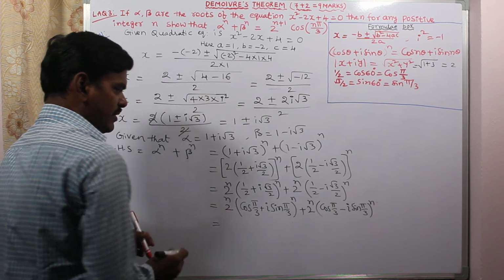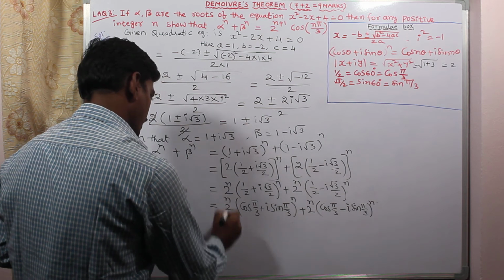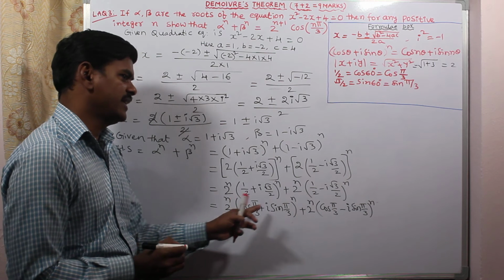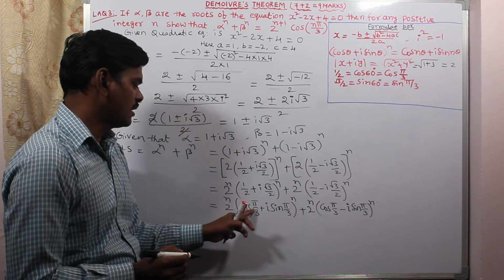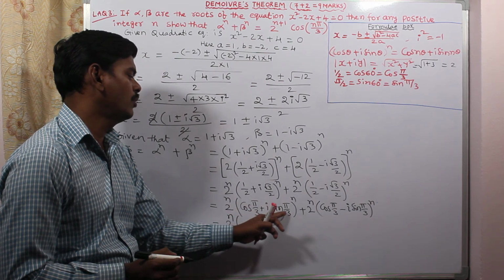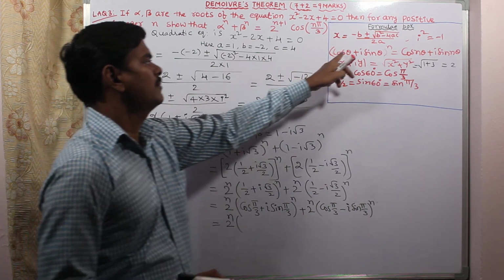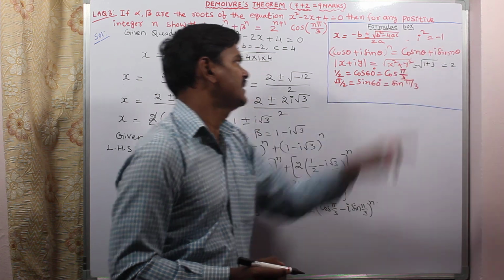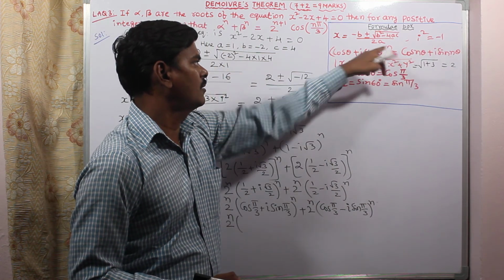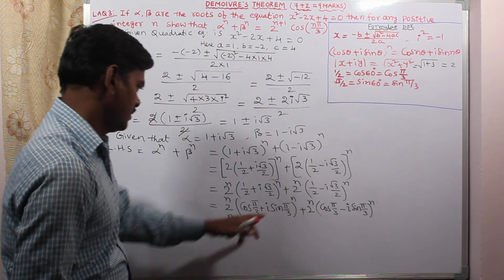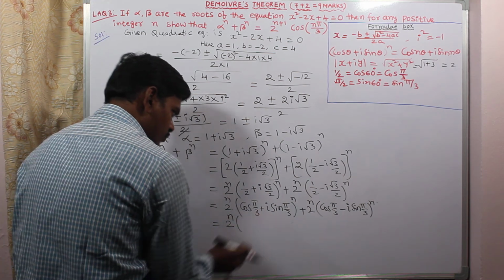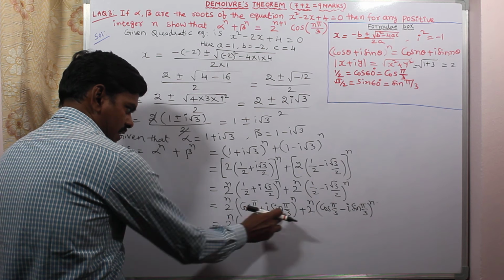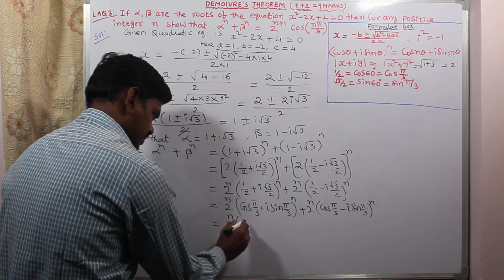Now the simplification part. 2 power n as it is into, now time to apply De Moivre's theorem: (cos theta plus iota sin theta) whole power n, formula cos n theta plus iota sin n theta. That means the power comes to the angle position. Here also we should apply the same concept: the power comes to the angle position for both the terms.